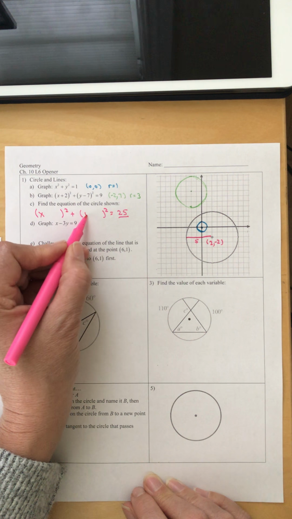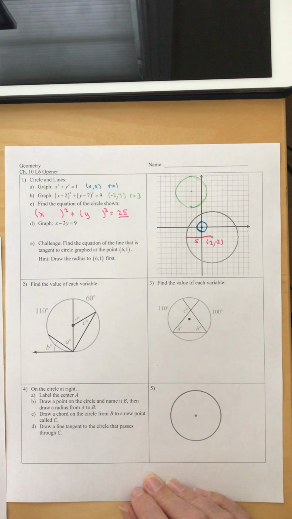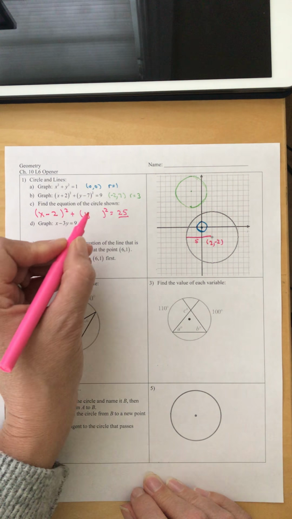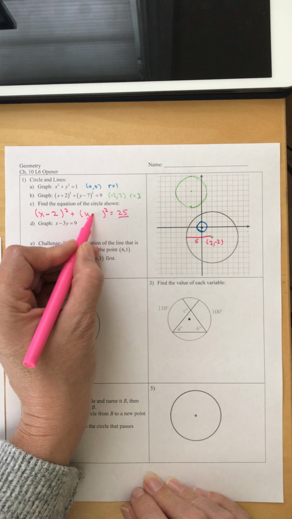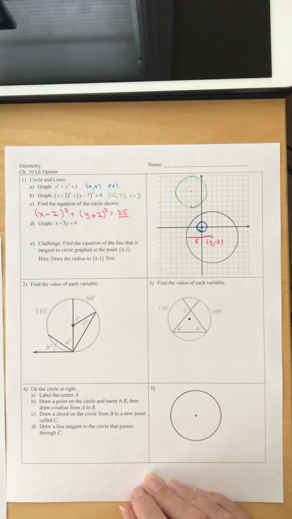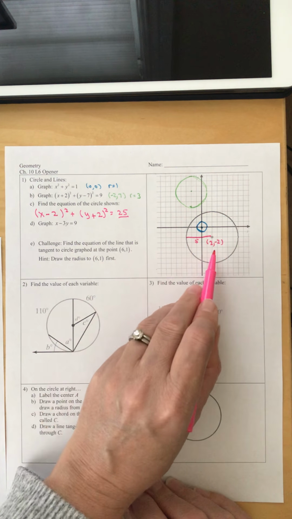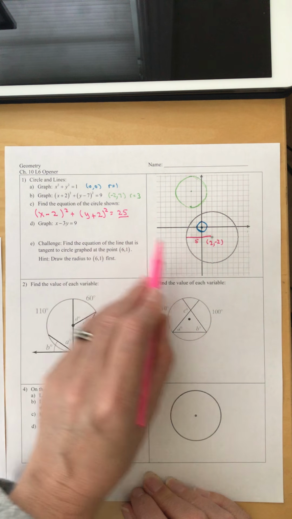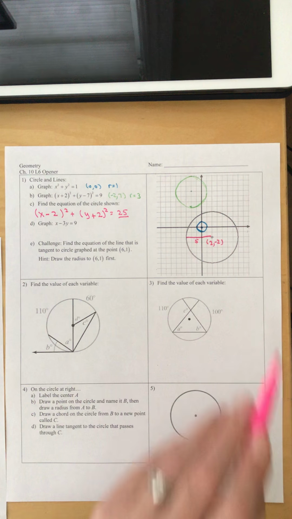Put the x in the first factor, the y in the second, and I get x minus 2 squared and y plus 2 squared. Remember that if this is a minus, that center will be a positive value, and if this is y plus 2, the center will be a negative value.